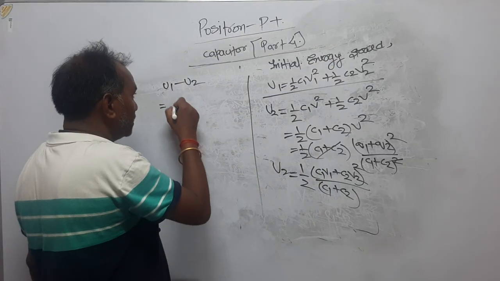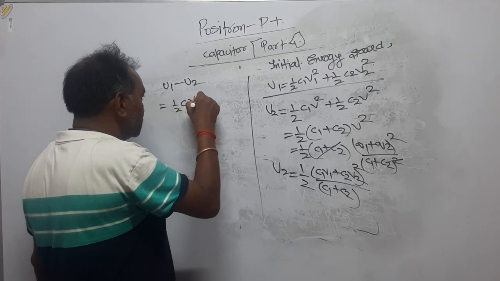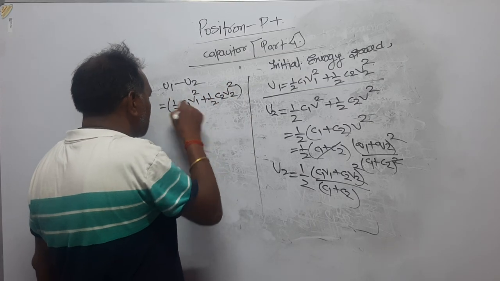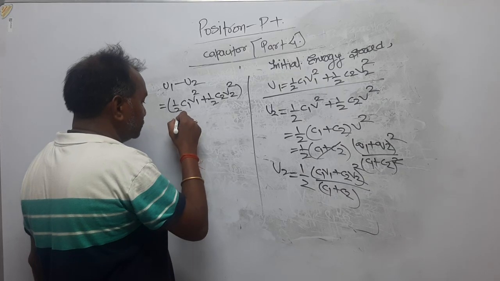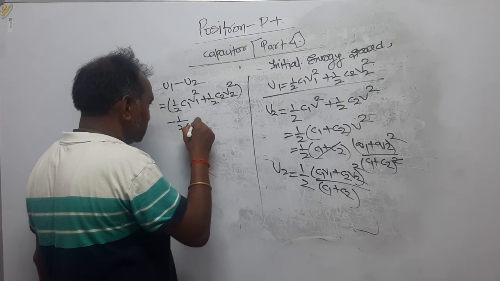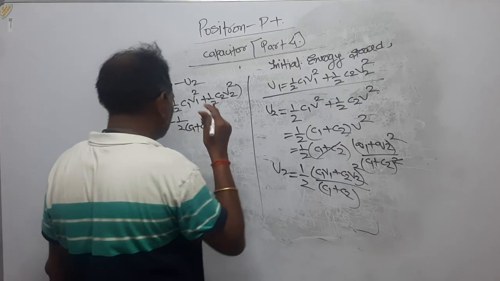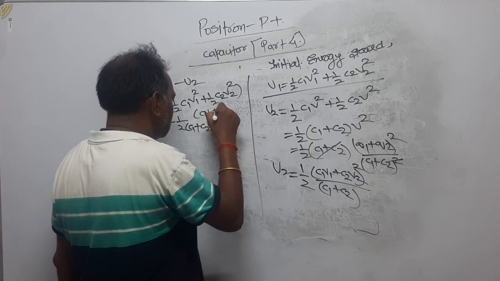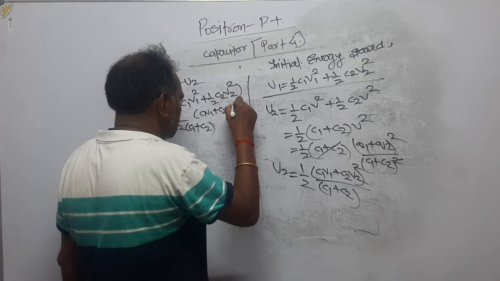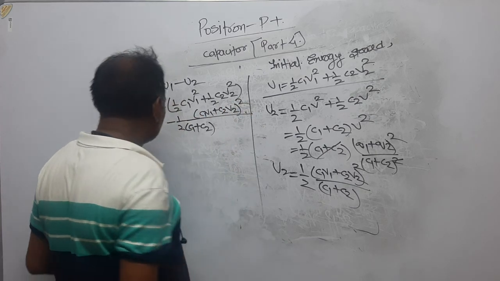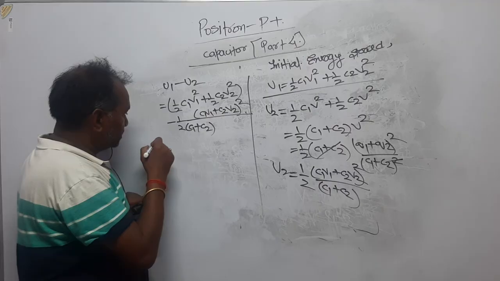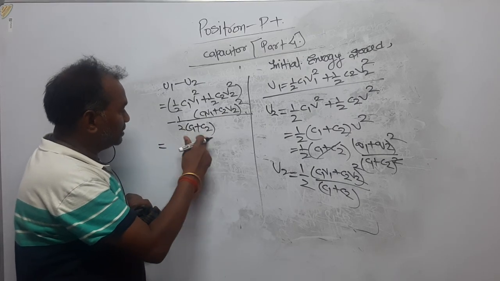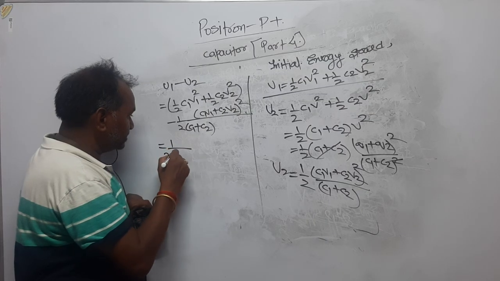Initial one is half C1 V1 square plus half C2 V2 square, minus U2, which is half, over C1 plus C2, and this is (C1 V1 plus C2 V2) whole square. Dear students, what I am doing: 2 times (C1 plus C2) is the LCM, take it as the LCM.